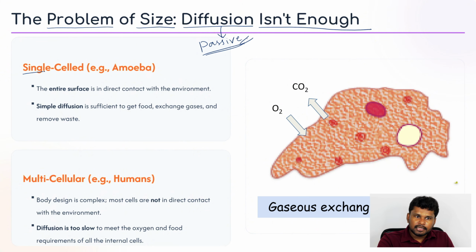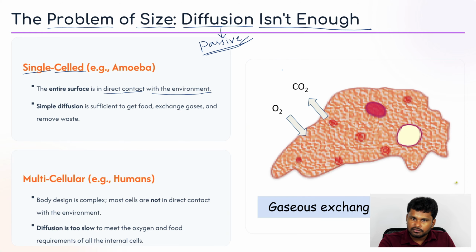So in single celled organisms like amoeba, they need simple diffusion, because in this image I am showing the amoeba as a huge organism, but in this organism there can be millions of amoebas fit. Okay, that small the size of the amoeba. You have to see this through the microscope. You can't see amoeba with naked eye. It is that small.